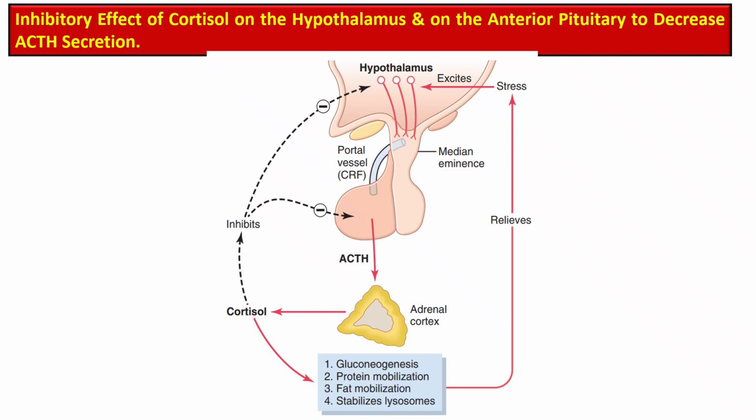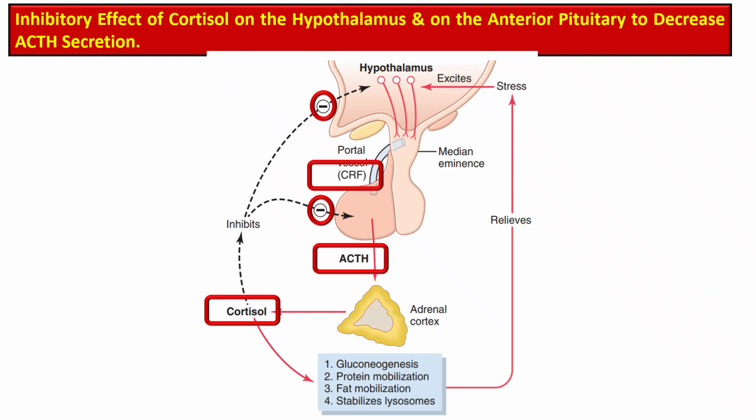The cortisol decreases the secretion of corticotropin releasing factor from the hypothalamus, and it also acts on the anterior pituitary and suppresses the secretion of ACTH directly. This feedback loop ensures that cortisol level in the plasma remains within a normal range.